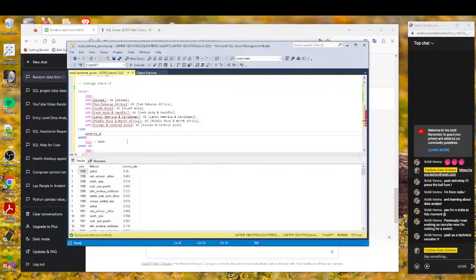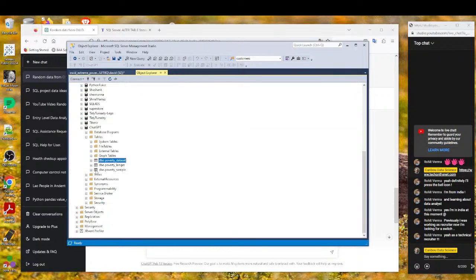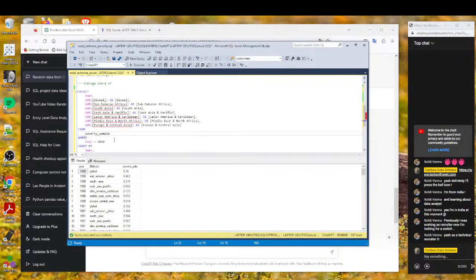Change this to poverty sample. Does this have a year on it? Year. Oh, you know what the trouble is? All these things over here have different column names. Okay.